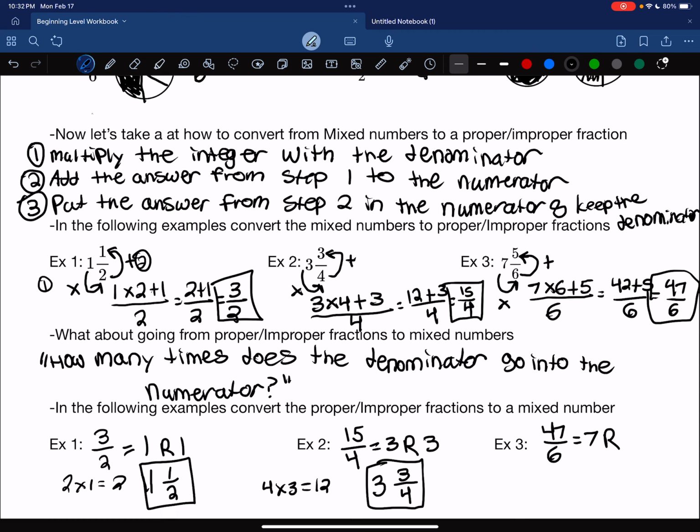So in this case, once we do 6 times 7, we are going to get 42. And then once we get here, we have to ask ourselves the question again, how far is 47 away from 42? And that is 5 places. So we're going to have 7, remainder 5.